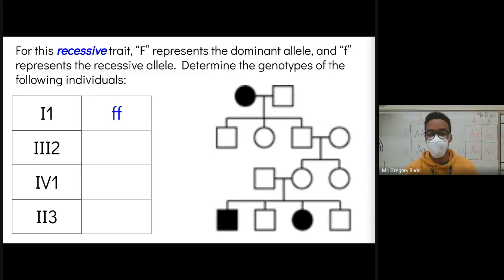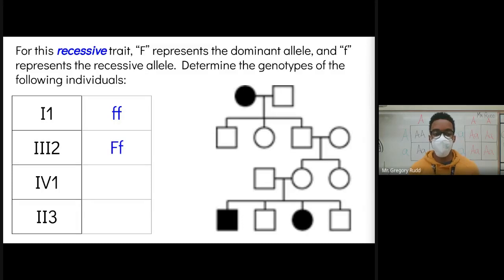That is correct. How do you know that they're heterozygous? They're a carrier. Good, exactly. Because we can see that they have 2 children who end up having the trait. Whatever the trait is, they end up having 2 affected children. So that means that even though they weren't affected, they're not shaded, they must have passed on the recessive allele to their children.